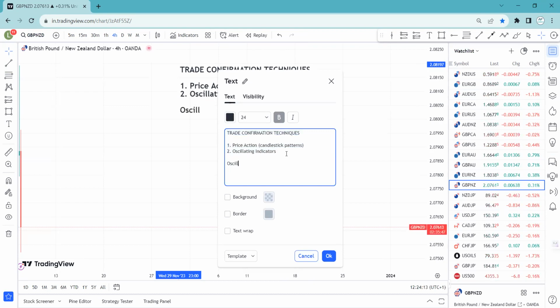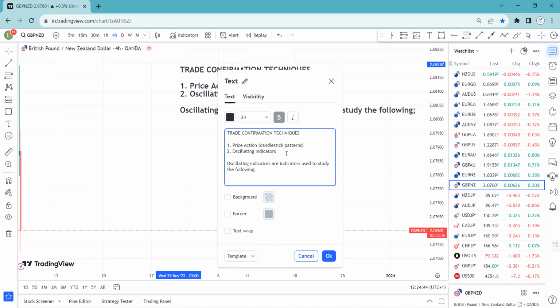So oscillating indicators are basically indicators used to study the following. I'm being very, very careful with the words I'm using.